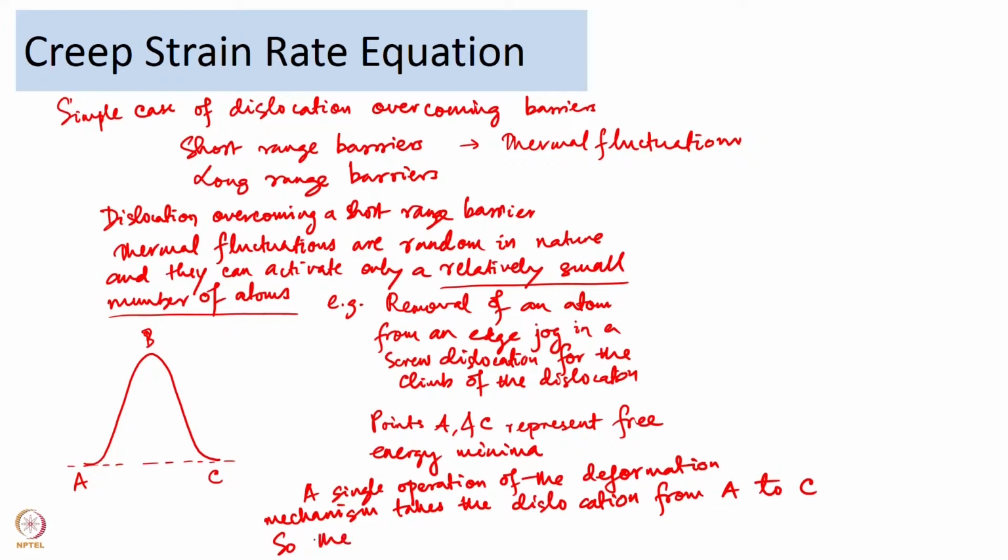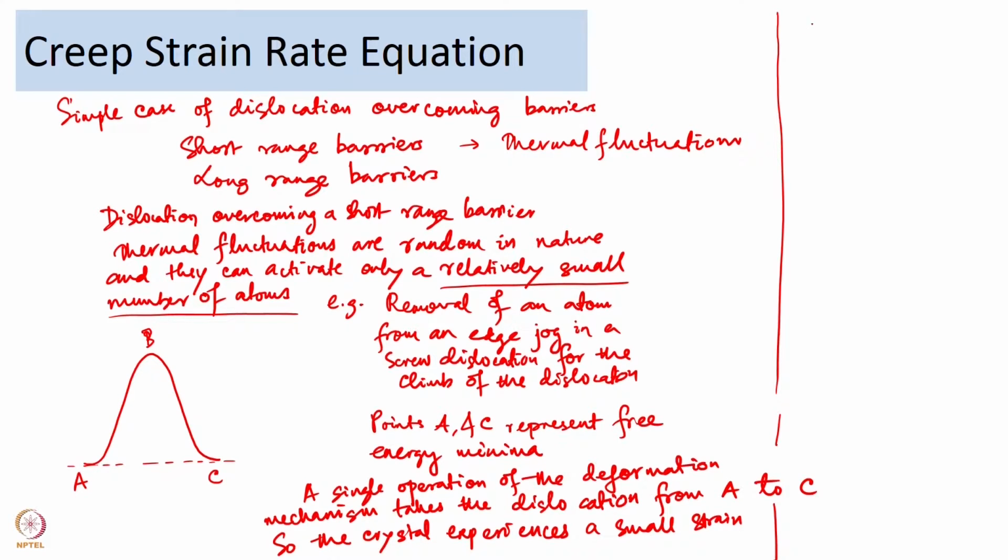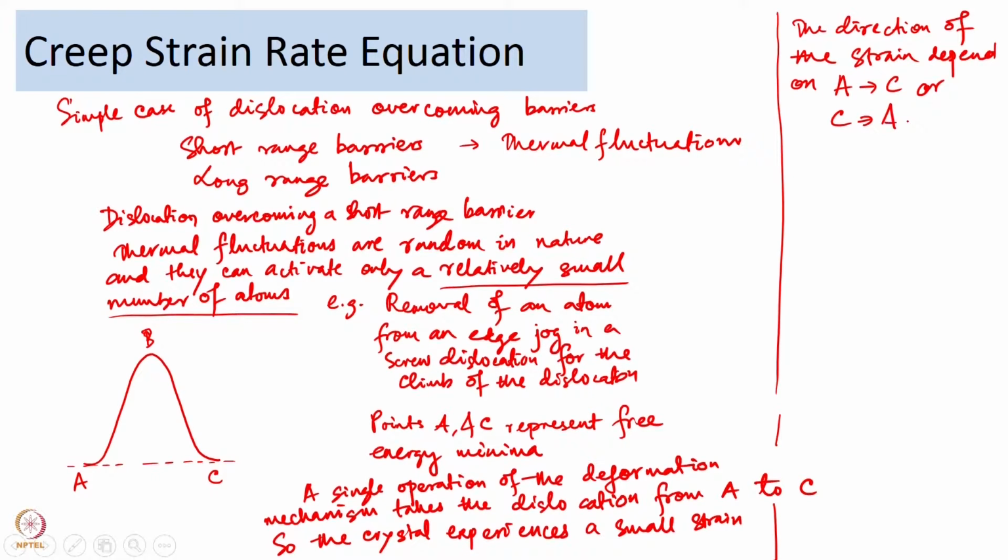So, because of this motion, the crystal experiences a small strain, and the direction of the strain depends on whether the dislocation is going from A to C or from C to A. In this case, we are talking about the dislocation going from A to C.